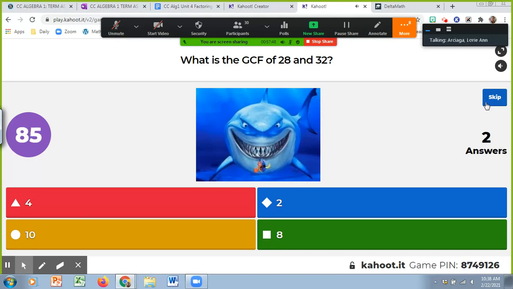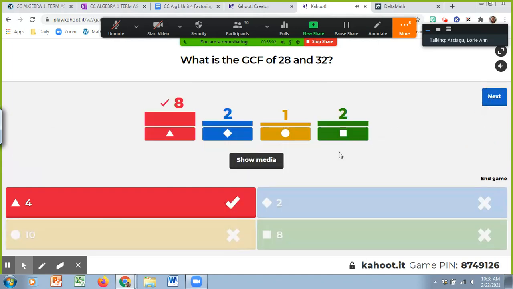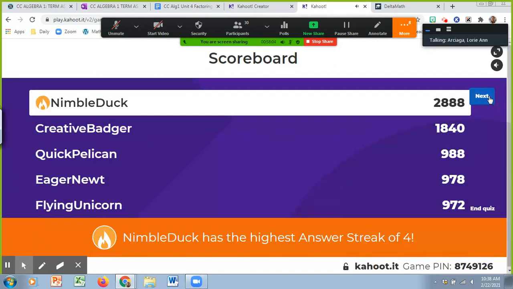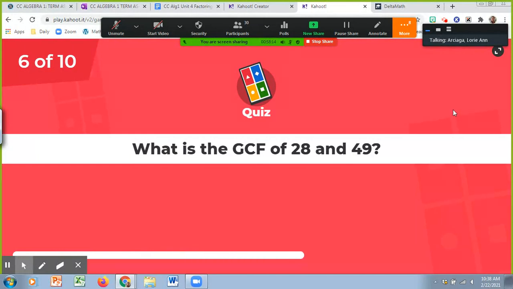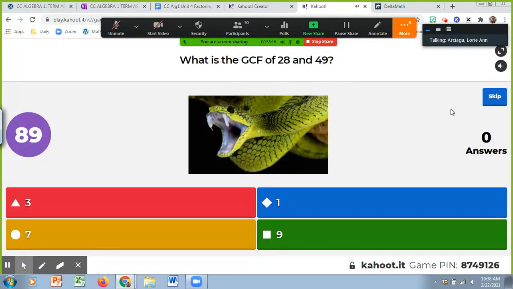It's a shark. Go get your Chromebook and I'll help you get started. Come on, you're super late. All right, Skip. Here we go. Look, they're going to race to the first spot. Whoa, same Nimble Duck. Okay, what's the GCF? Next.